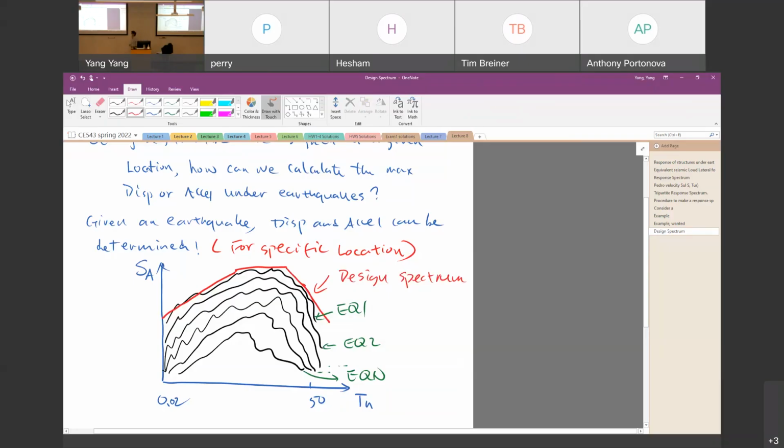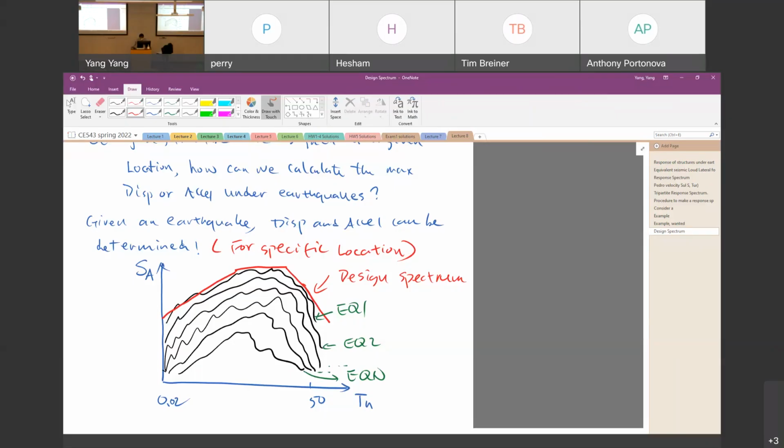We use a smooth curve to enclose all the response spectra that we can construct based on the earthquake records at the given location. So if we have a design spectrum above all the earthquake responses over here, we should be on the safe side, as we have already considered the worst case. So this is the design spectrum.